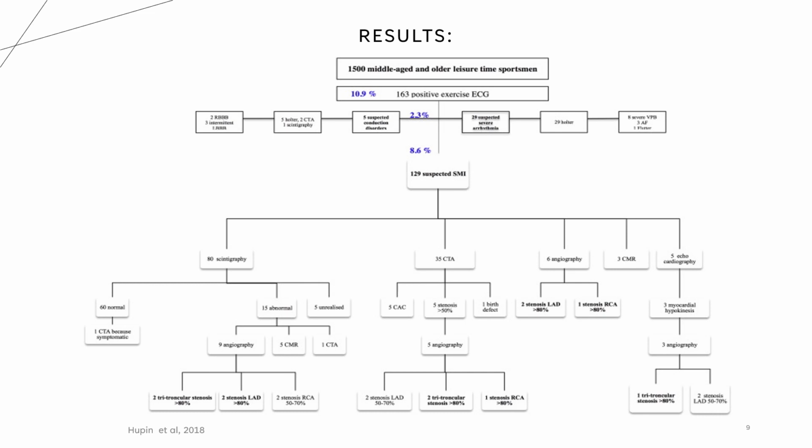This led to 23 coronary angiographies, 1.5% of the population, and 11 coronary revascularizations. The study shows that for every 100 sportsmen that are asymptomatic, ECG exercise tested, 1 could possibly be identified with a serious coronary artery disease that may need to be treated for prevention of a major cardiac event.